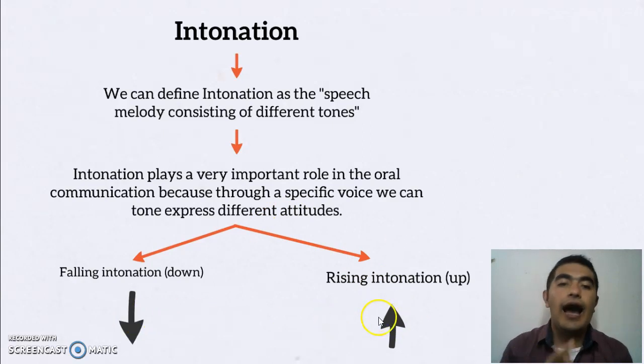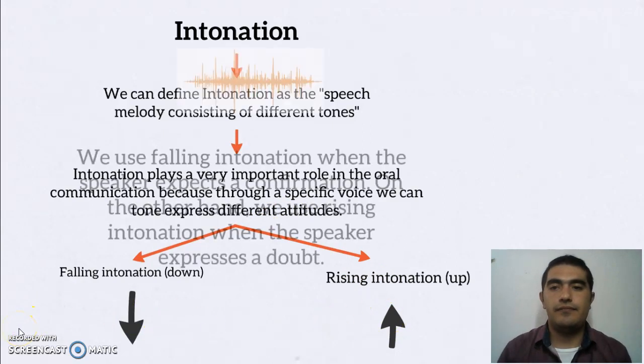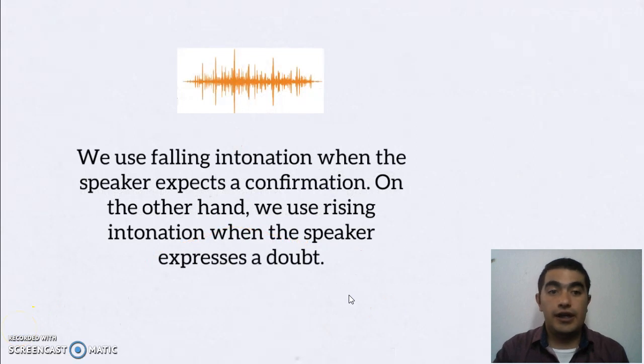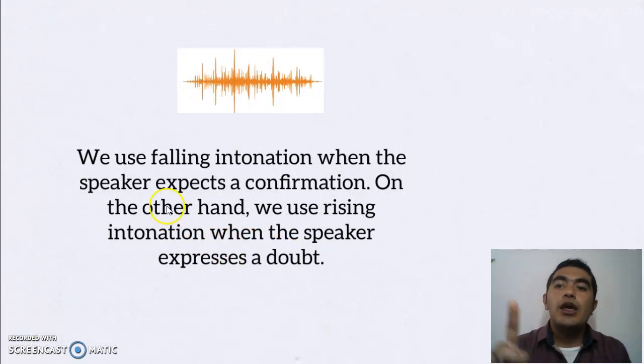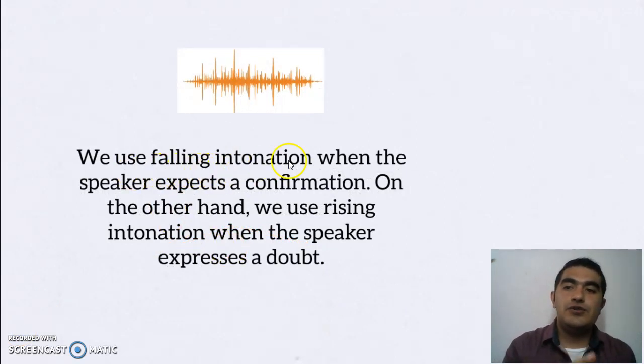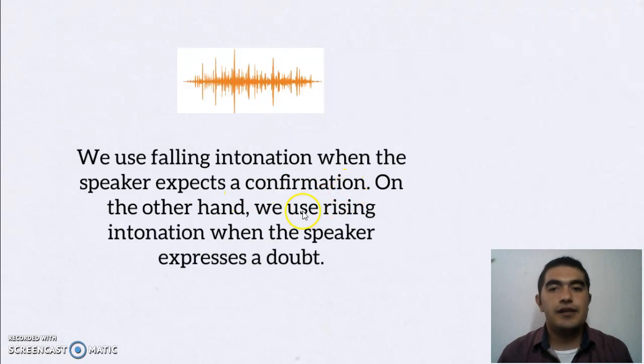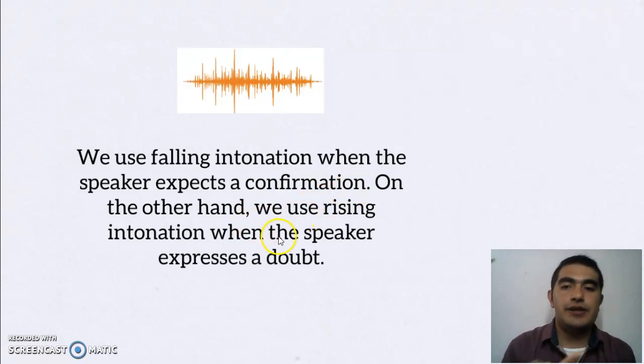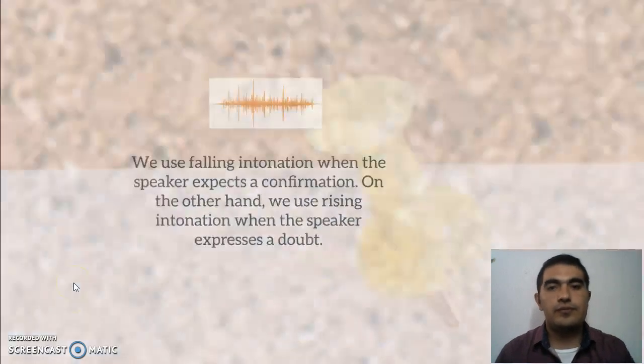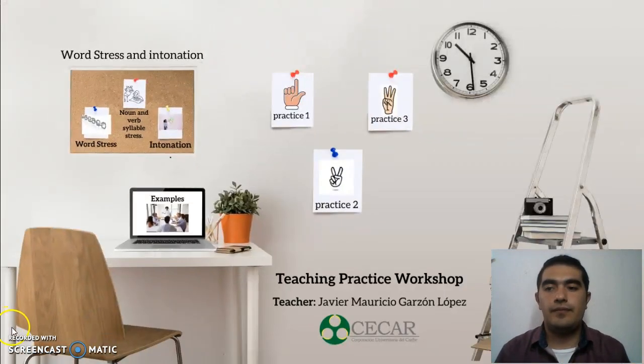Down, up. Okay, pay attention. We use falling intonation when the speaker expects a confirmation. On the other hand, we use rising intonation when the speaker expresses a doubt. On this computer, we will see some examples. Let's go.